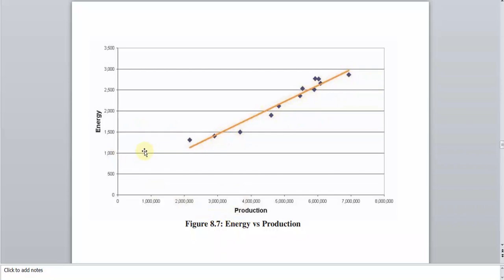So this is the graph of energy versus production. This should be in kilowatt hour and this should be the number of items produced for that particular energy. So for 2 lakh items produced, the energy consumed is around 1350 and so on, somewhat like 3500 or 1000, etc. This is nothing but the scatter plot.